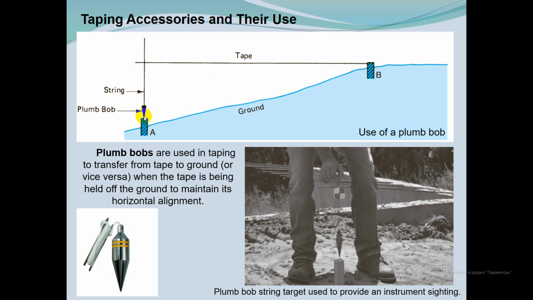Also plumb bobs and their strings are used routinely to provide theodolite or total station sightings.